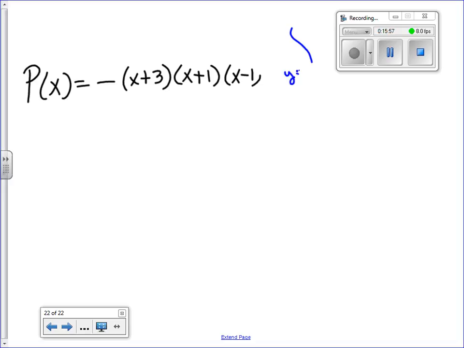Y-intercept 3. Okay. How many extrema? 2. Zeros? -3, -1, 1. Alright, let's see if we can bracket.